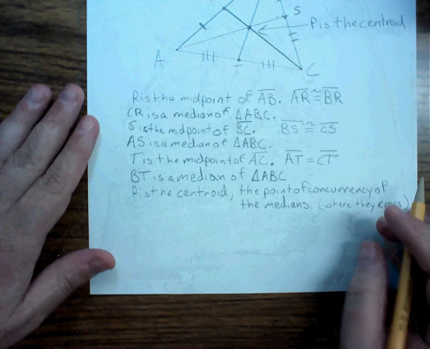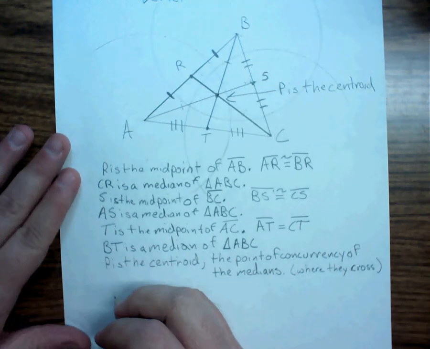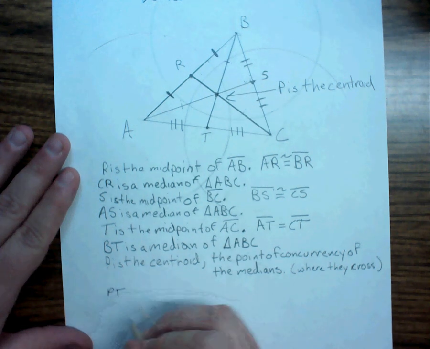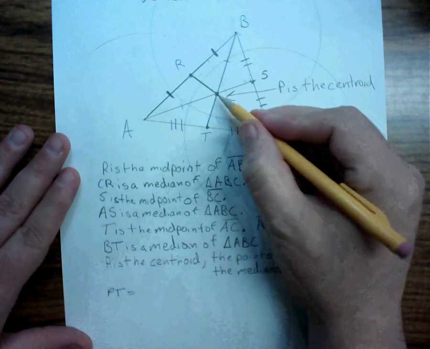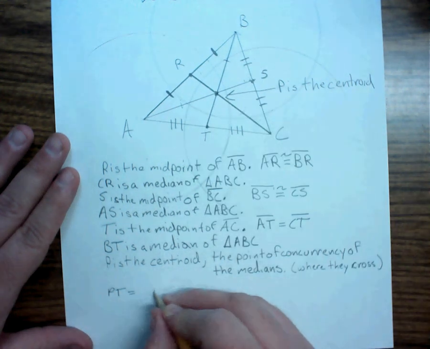Now, if I were to write a rule, I would compare it to the median. So I'm going to say PT is equal to, from here to here, something times BT.